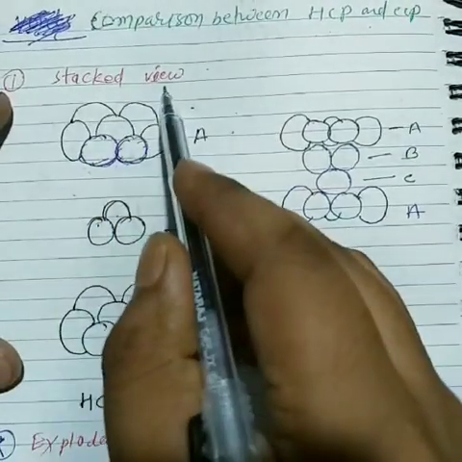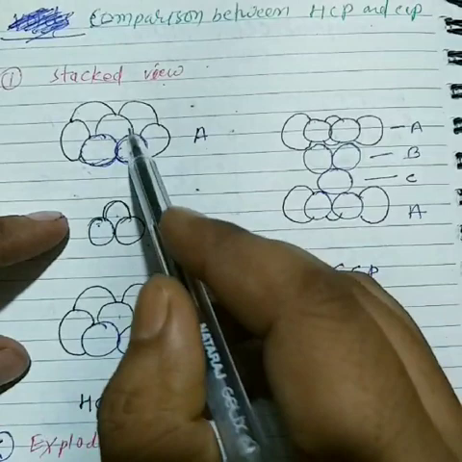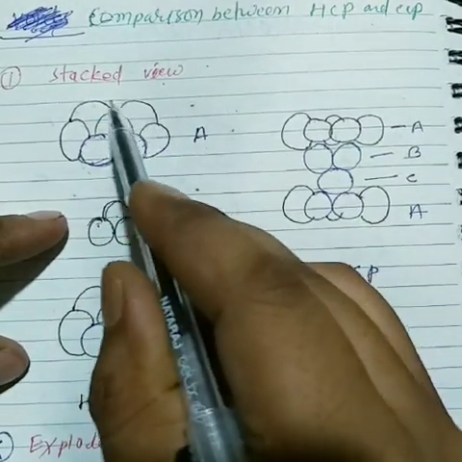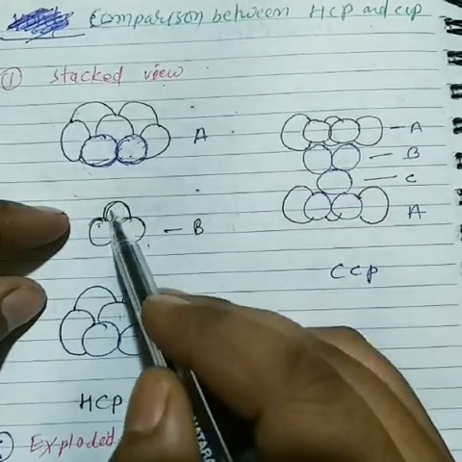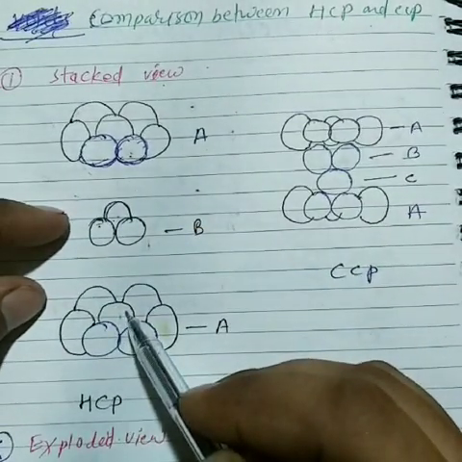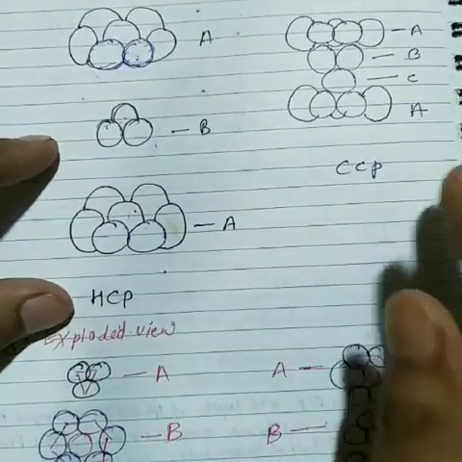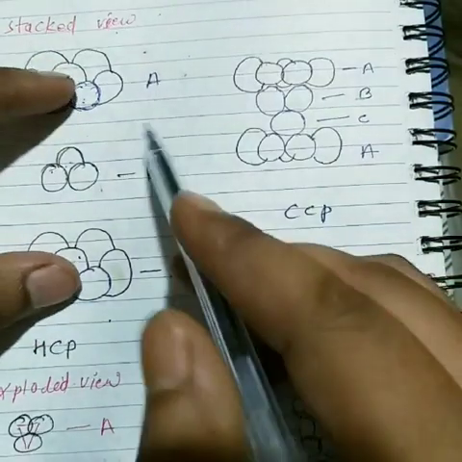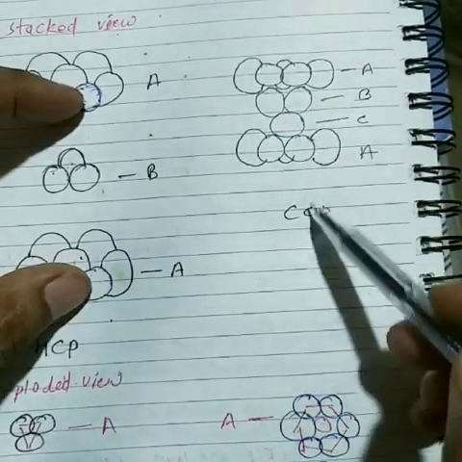Now in a stacked view, if I see and you also see, how many atoms are here? 6. Now this atom touches these 6 and these 6. So how many is the coordination number? 12.